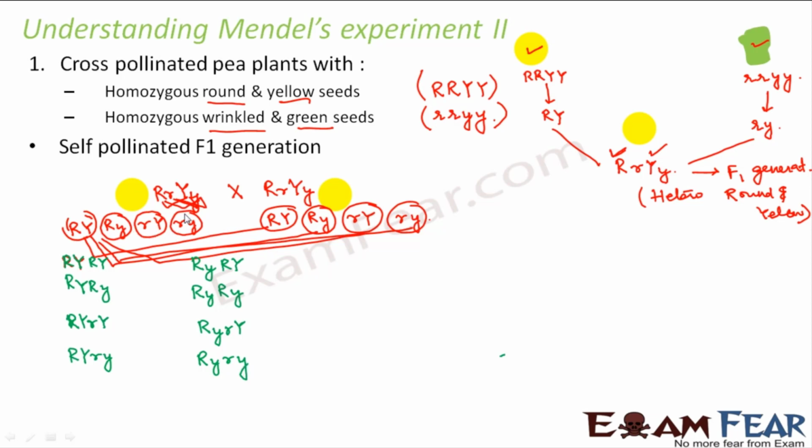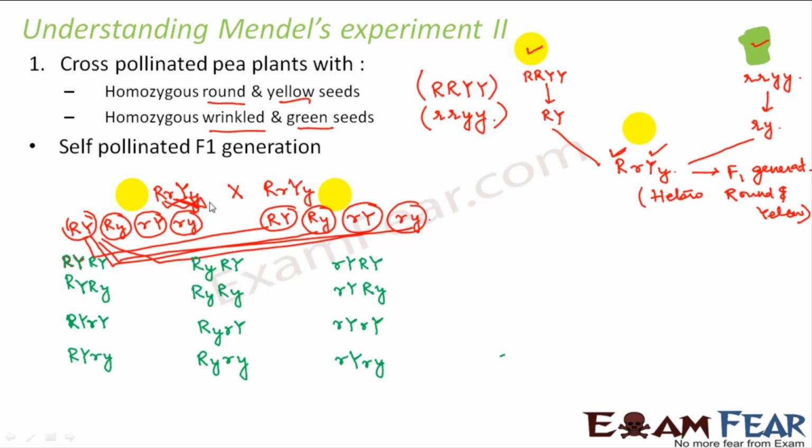Similarly, the third one can combine with any of these, which can give rise to small r, capital Y, capital R, capital Y, small r, capital Y, capital R, small y, or small r, capital Y, small r, capital Y, or small r, capital Y, small r, small y.